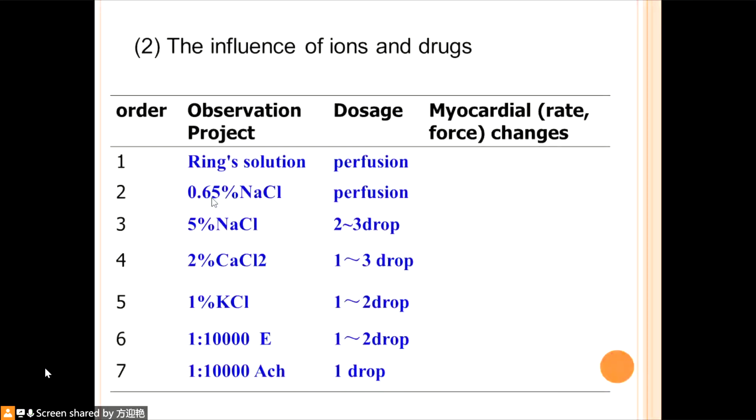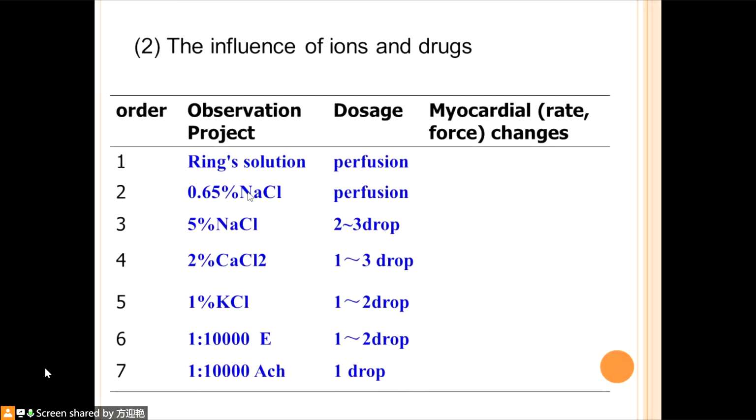And the second, we will take the Ringer's solution away, and then we use the 0.65% solution.